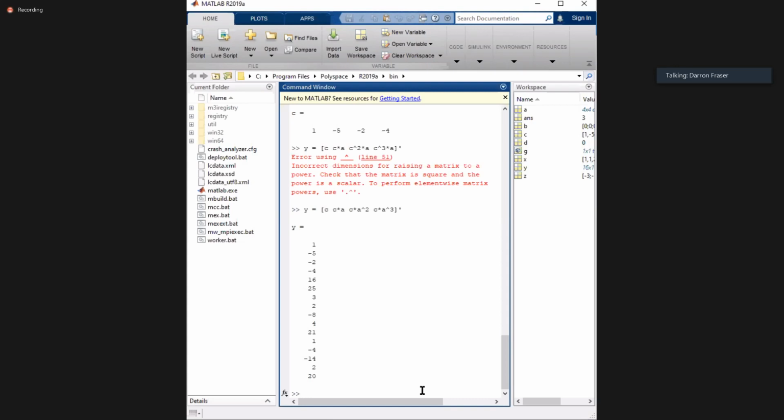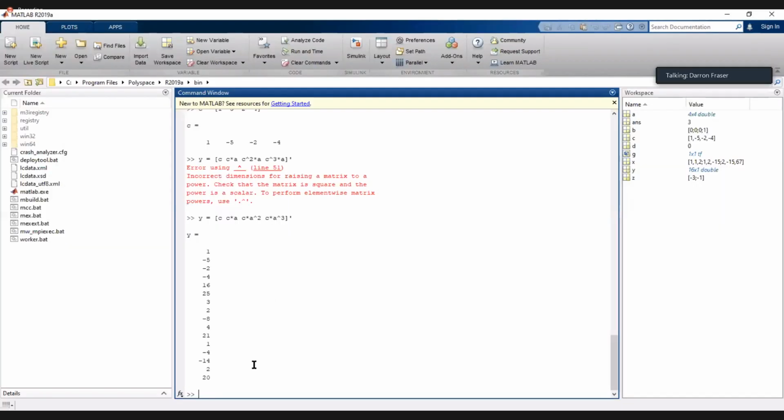Next thing, put it back and put in a semicolon in between each of the terms.